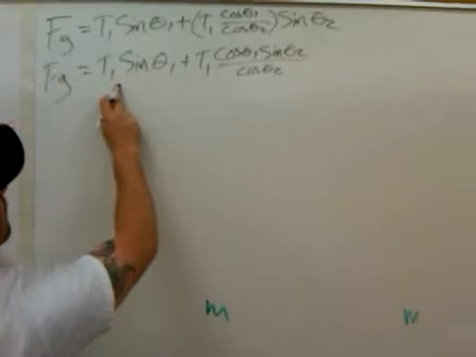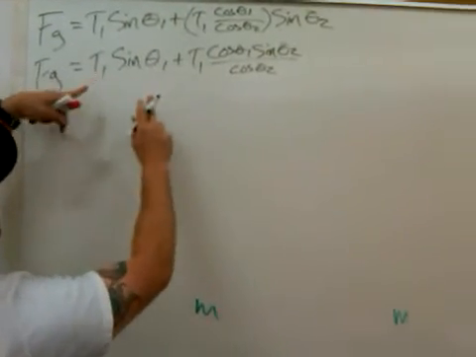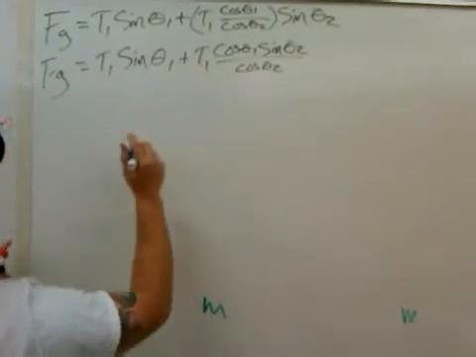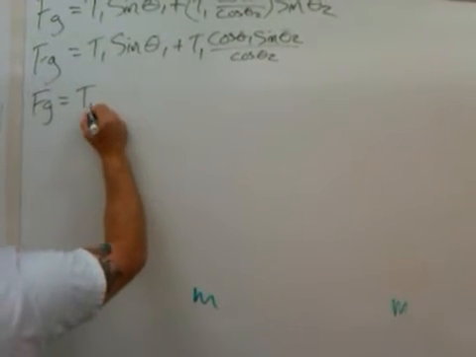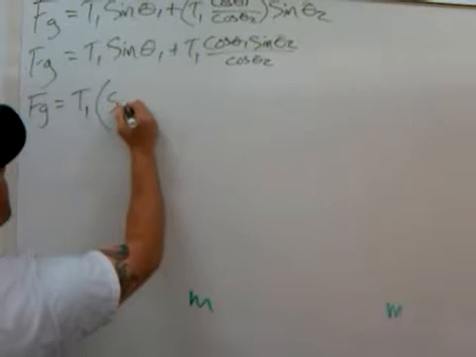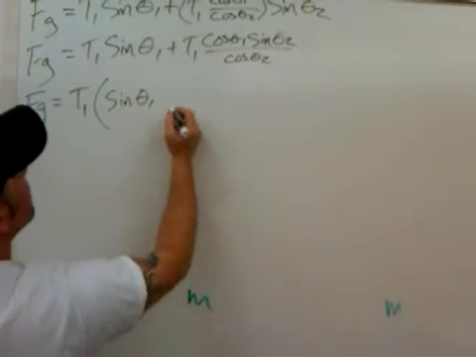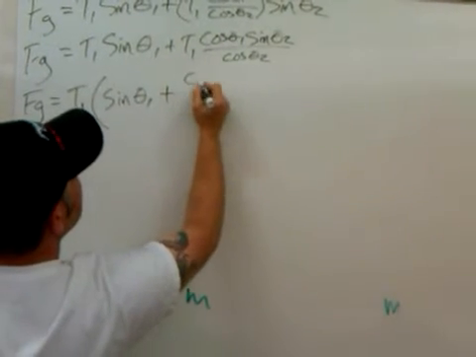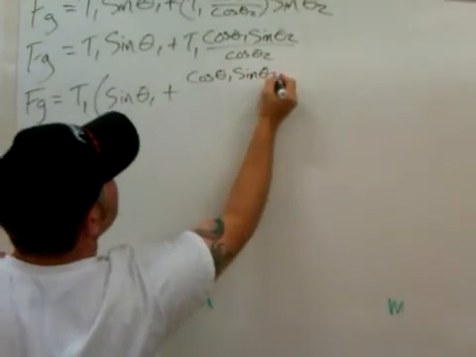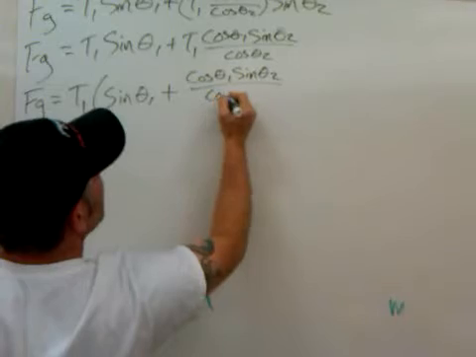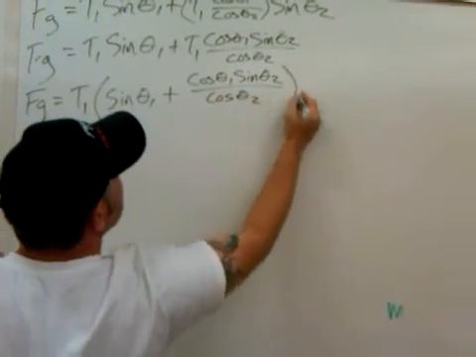Now I want to get T1 by itself, and I notice I have a T1 in both my components here. So I can factor that out and say F sub g equals T1 times sine of theta 1 plus cosine theta 1 sine theta 2 over cosine theta 2.